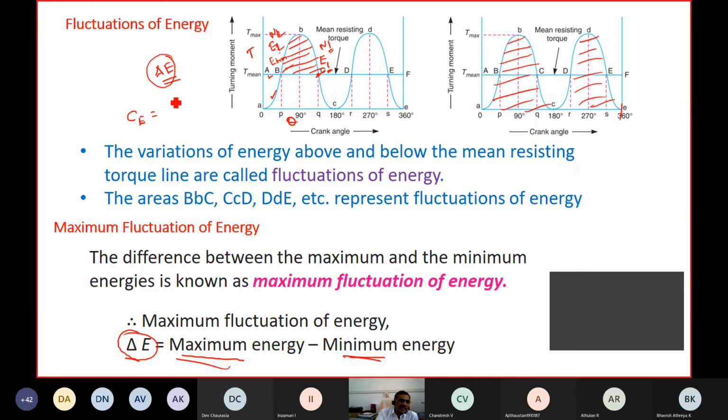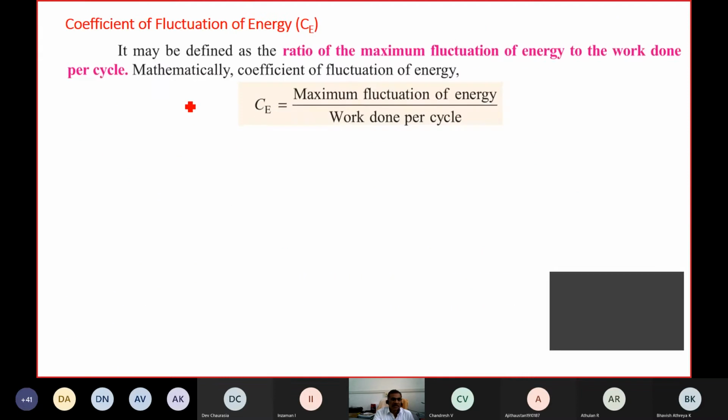That is delta E divided by work done per cycle. How to calculate delta E? This is delta E. How to find work done per cycle? The area of this portion. So that will be the CE. The coefficient of fluctuation in energy is the maximum fluctuation in energy divided by work done per cycle.